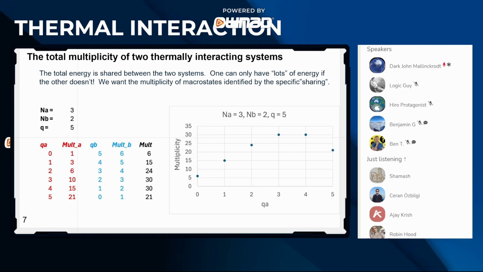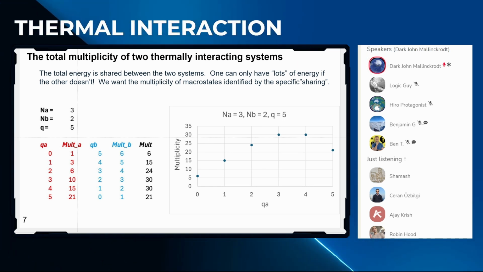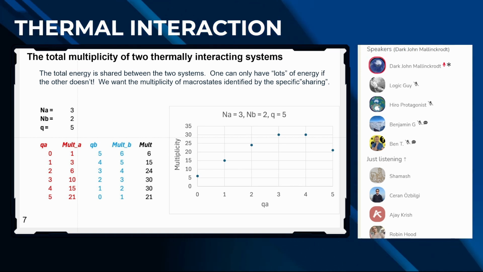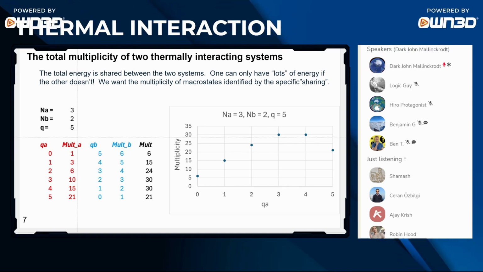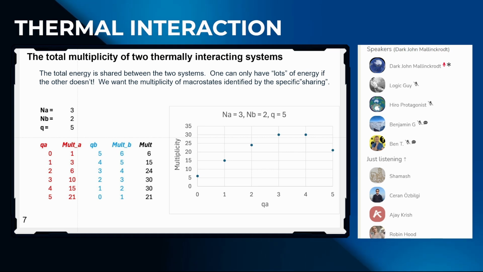And so on. So I continue the table. 2 units in A, 3 units in A, 4 units in A, 5 units in A. And there's only six rows in this table because there are 5 units of energy. There's only 6 ways I can partition the energy. And the last column in this table tells me the multiplicity of each of those partitions.